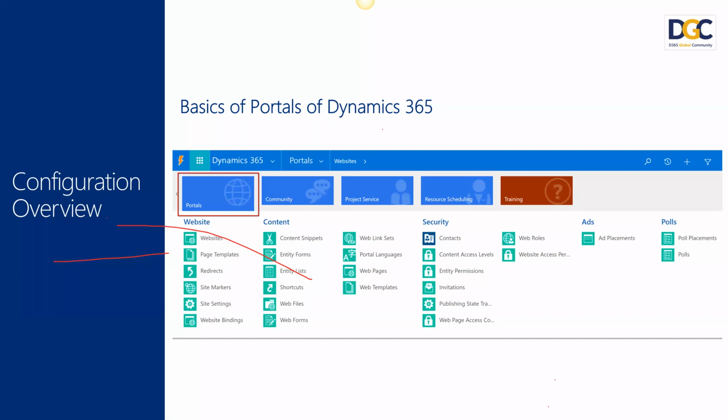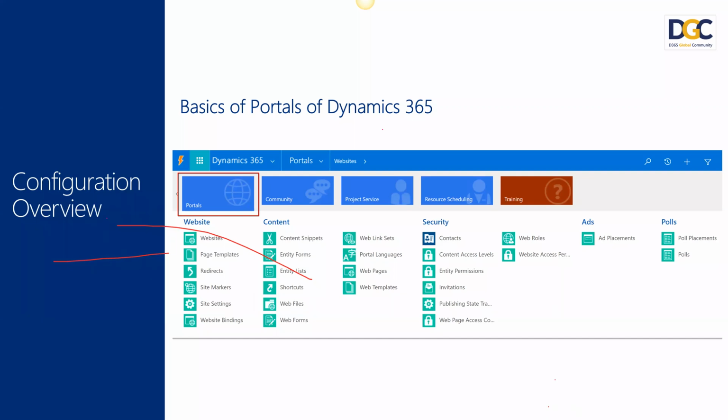Then we have web roles. A web role is more towards the portal user. If you have a user who wants to access the portal, the way it is designed, they have to be a contact in the CRM, and that is where web roles come in.